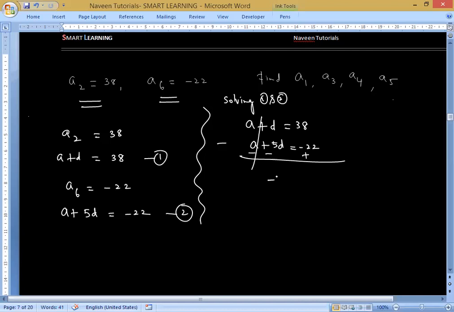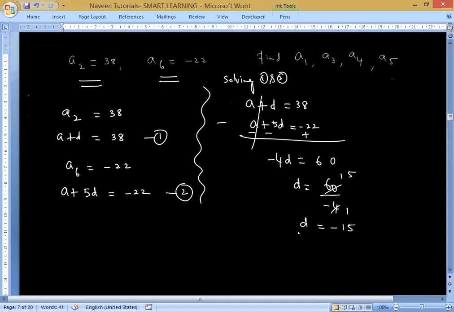Minus 5d plus d is minus 4d is equal to, both are plus, so 38 plus 22 is 60. So d is equal to 60 by minus 4. 4 fives are 20, 4 fifteens are 60. So d is equal to minus 15, right?